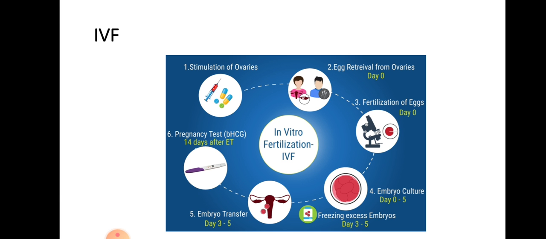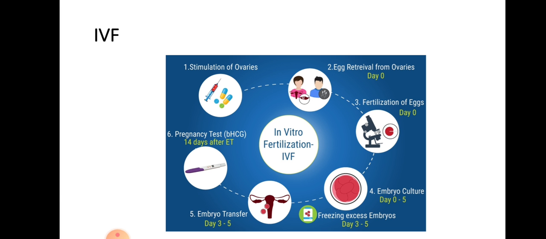The zygote will develop into an embryo. After the embryo has formed, they will transfer the embryo to the female body, that is the mother's uterus. The embryo will settle in the mother's uterus, then it will develop as a baby.